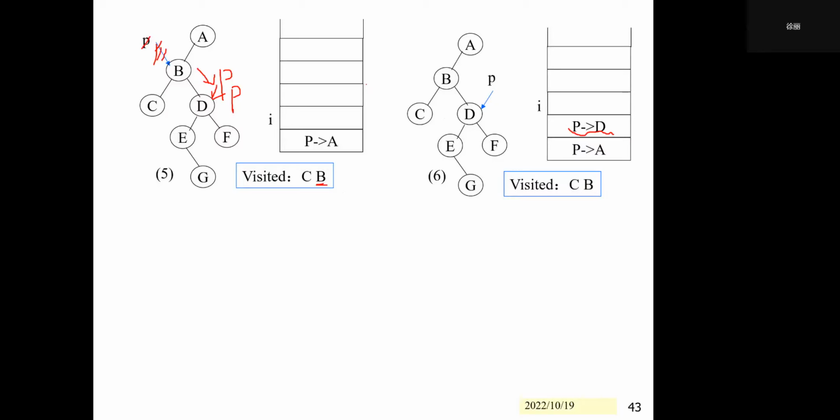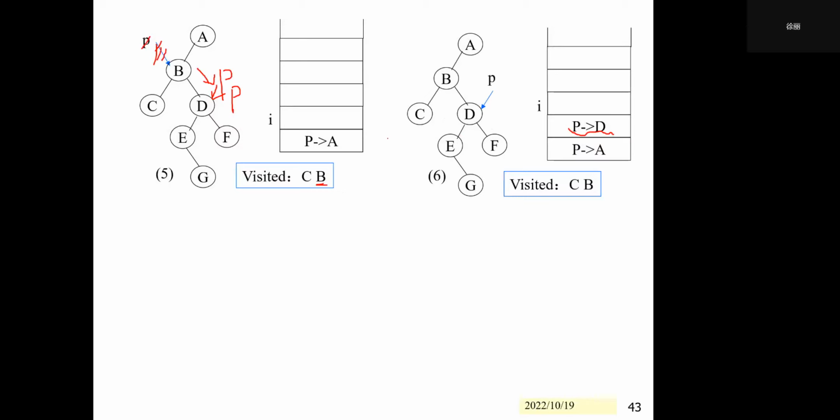Do you remember the function of in-order? Because now we can't visit D. So we need to find the node which has no left child. So we will go left every time when P is not null, until we find the node which has no left child, right?